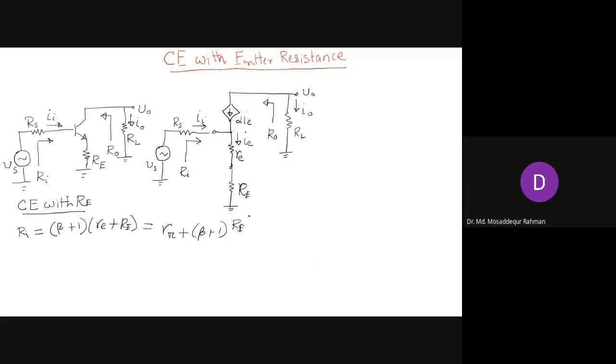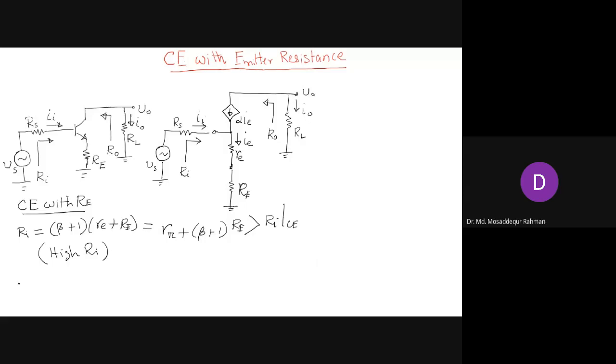And we said that it is larger than Ri of common emitter, right? And our conclusion was that common emitter with emitter resistance has high Ri, unlike the common emitter without emitter resistance, which we say has a low Ri.